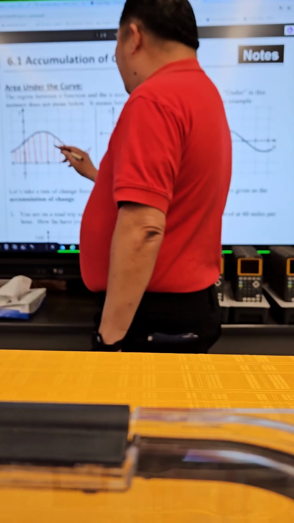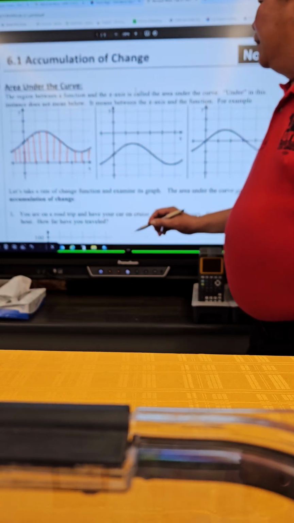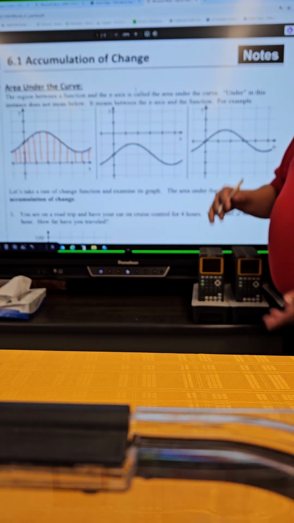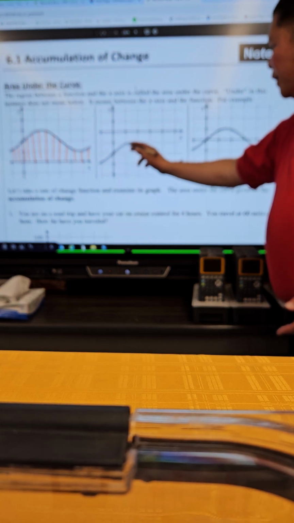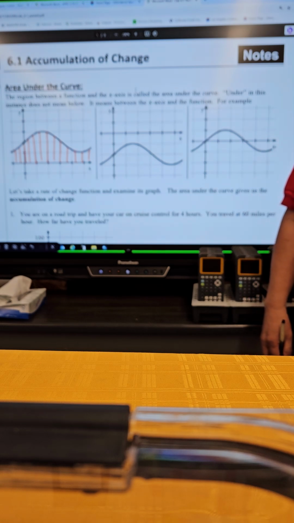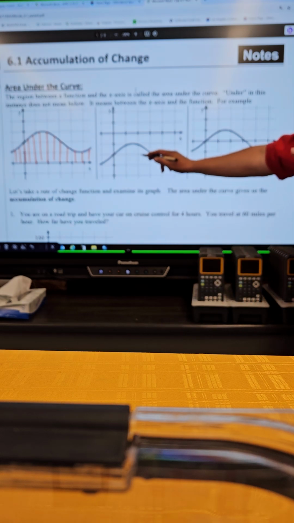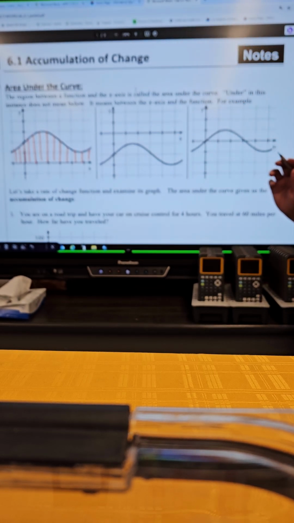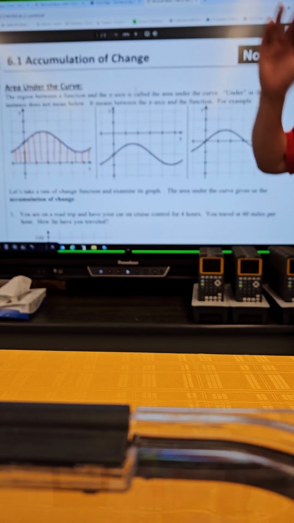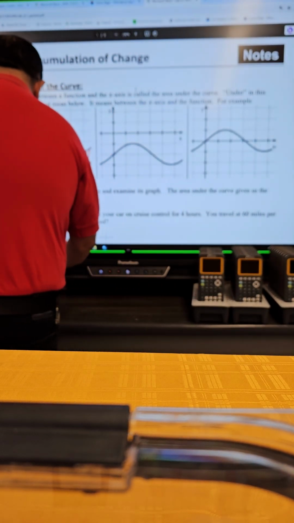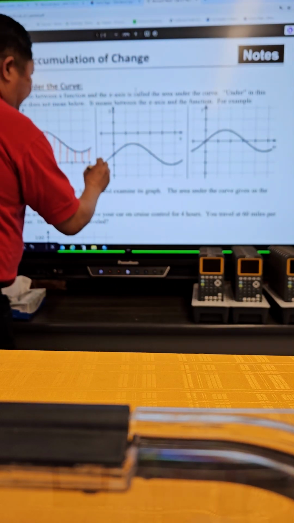And the next figure, the curve is below the x-axis, right? Even if it is below the x-axis, you don't have to deal with the area right here, but the area which is facing the x-axis. Okay, guys? So we have to deal with the area of this.